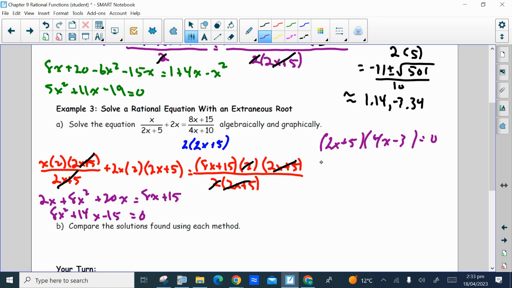And your solutions will come where each factor equals 0. So here we will subtract 5 and divide by 2. So it's where 4x equals 3 and x equals 3/4.